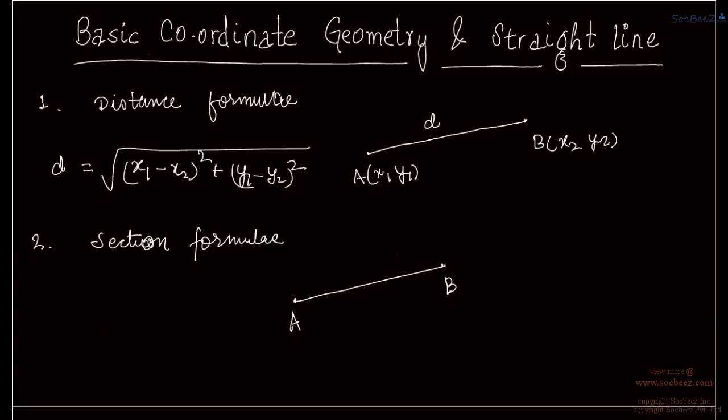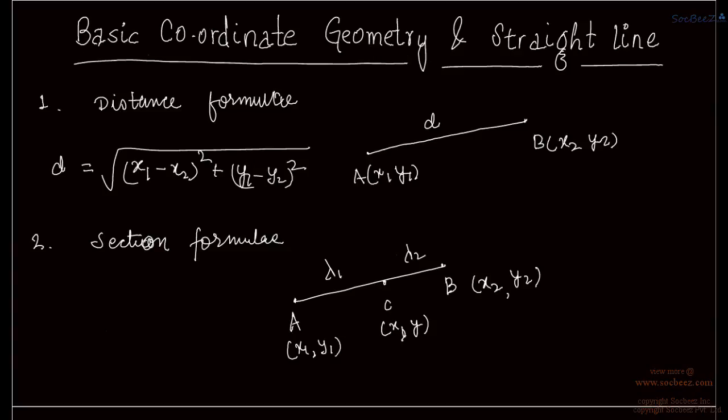Suppose point C is dividing this line internally in ratio lambda 1 is to lambda 2, and the coordinate of point A is x1, y1, B is x2, y2, and the coordinate of point C is x, y.